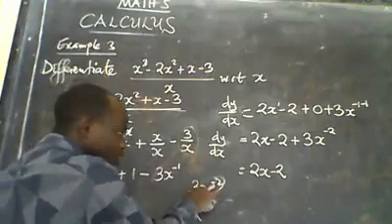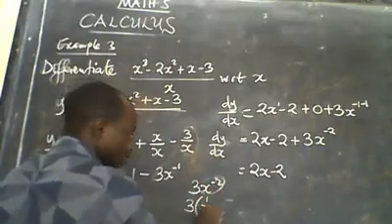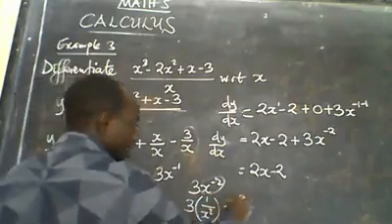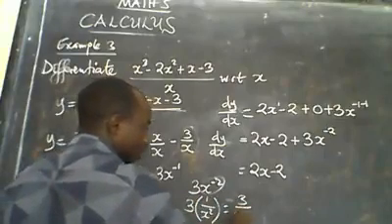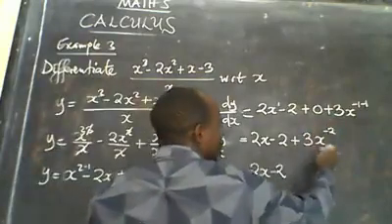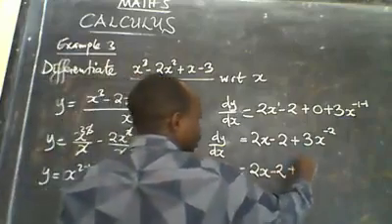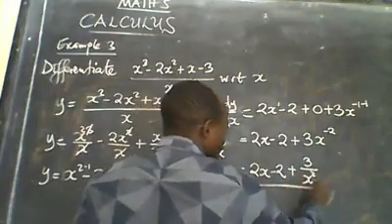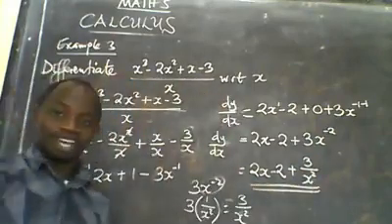The negative is 1 over. So I'll say 1 over x squared. See that? Then this now will give me 3 times 1, that is 3 over x squared. So this everything here will give me plus 3 over x squared. I'm done. This is the way to go. Simple calculus, isn't it?